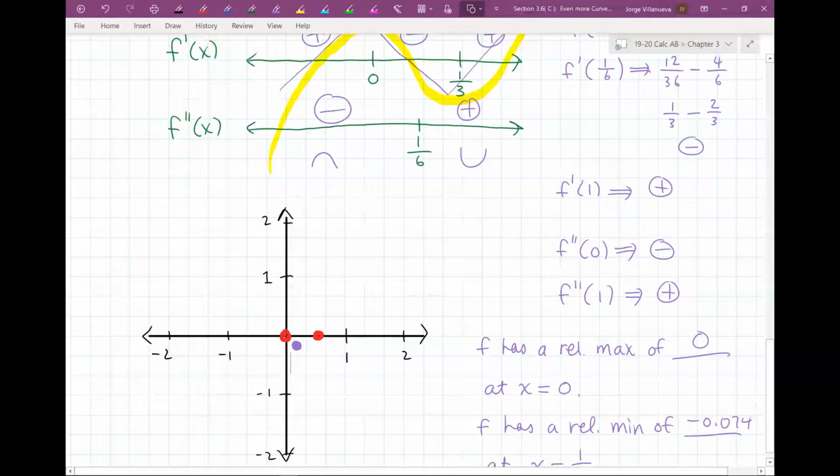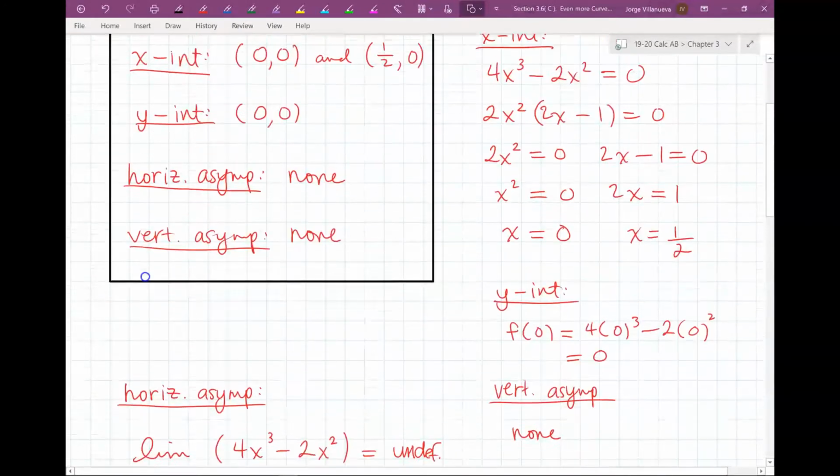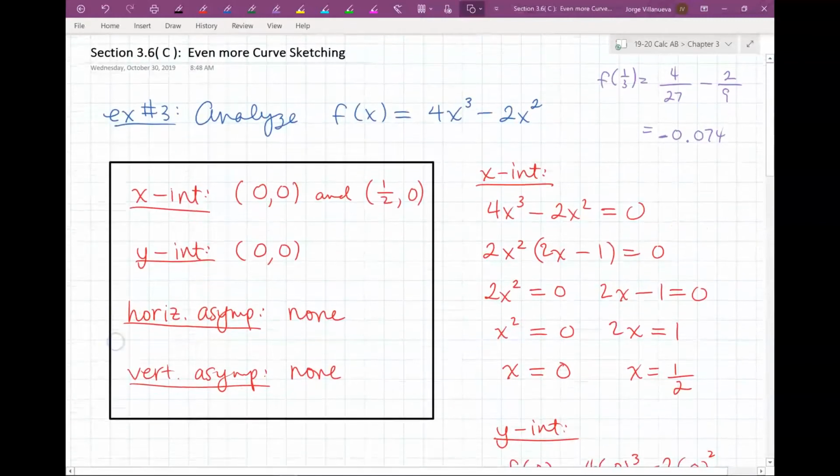I'm just trying to think of this here. All right, so why is that? My point of inflection should be there. So my actual minimum should be more to the right. Are you guys sure that's the answer for plugging in a 1/3? That's what it's giving you?